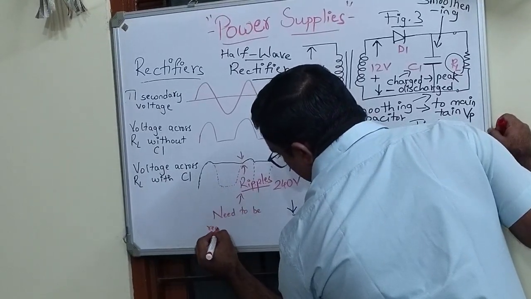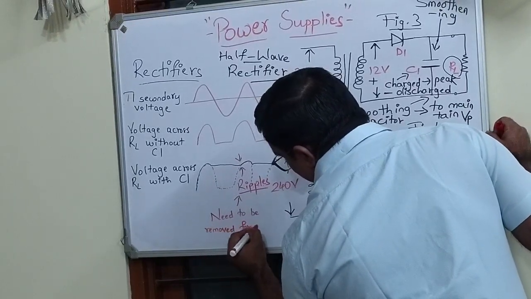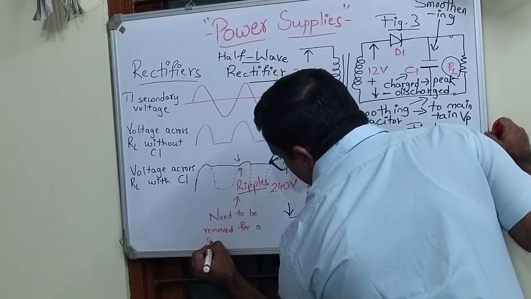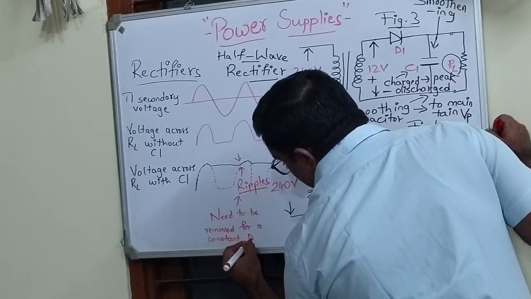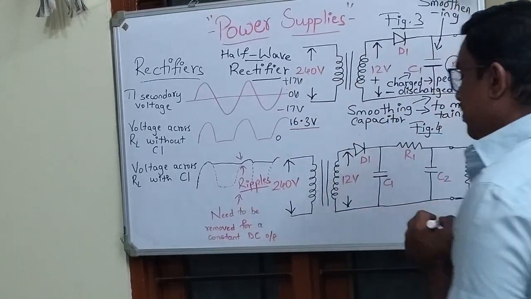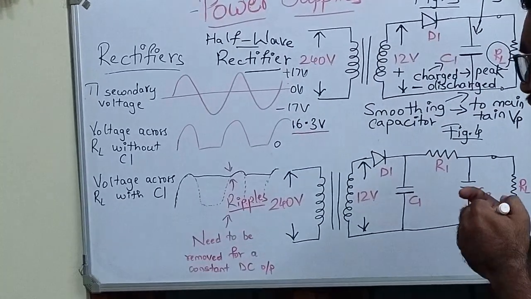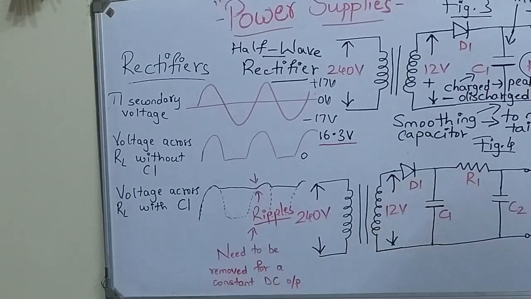These ripples need to be removed for a constant DC output. For a constant DC output, we need these ripples removed from the rectifier circuit.